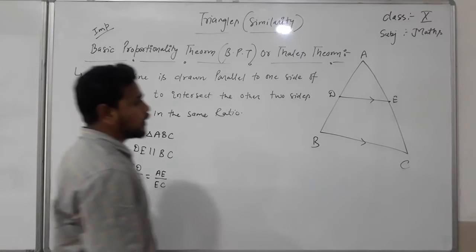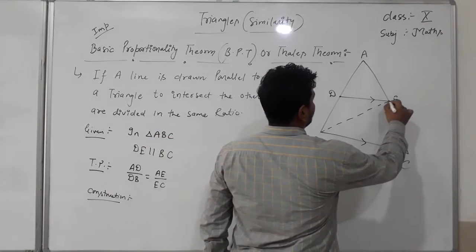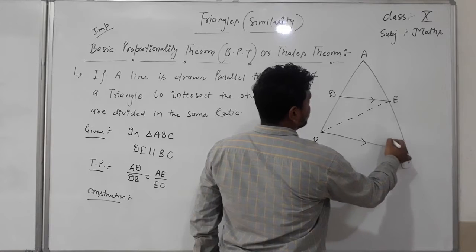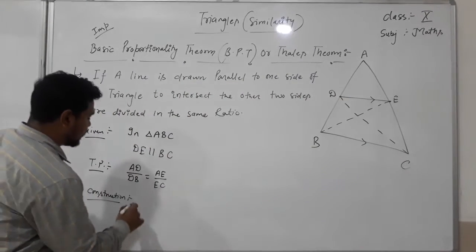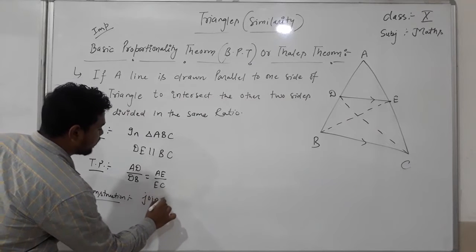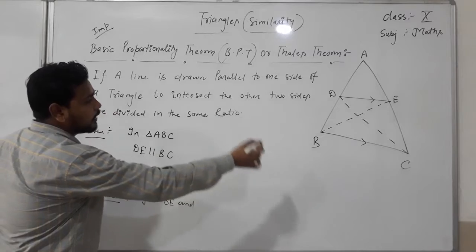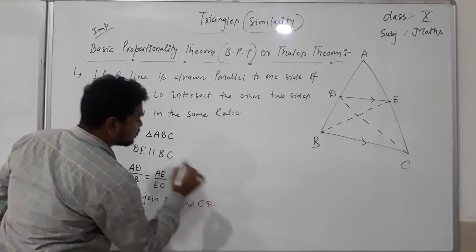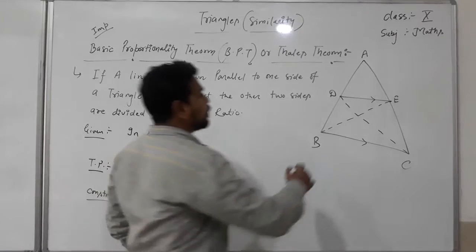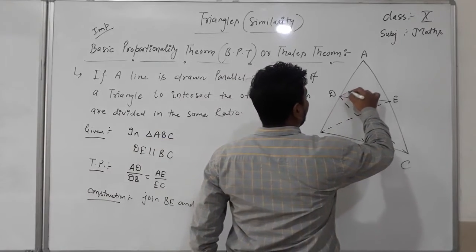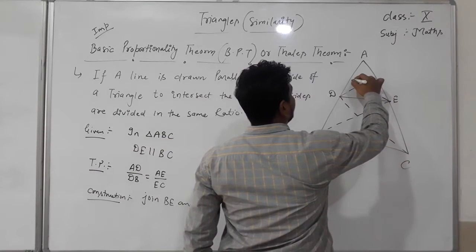First of all, we will join BE and CD. After that, in triangle ADE, draw a perpendicular like this and another perpendicular like this.